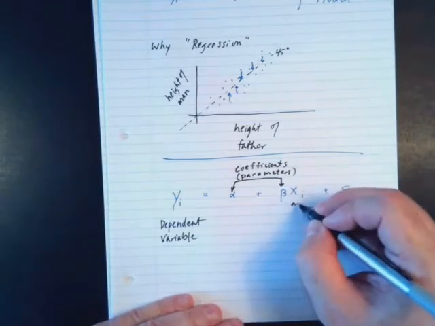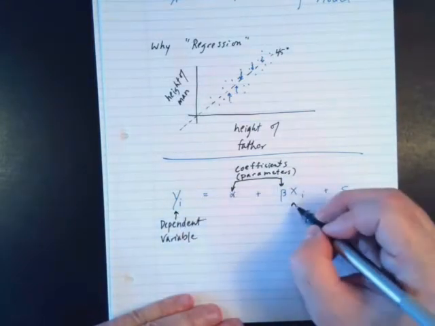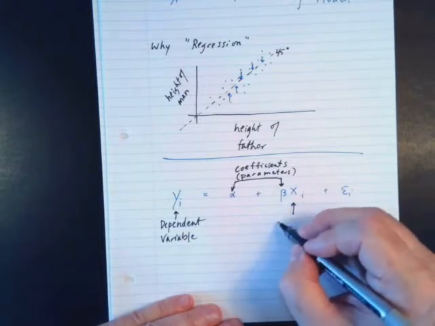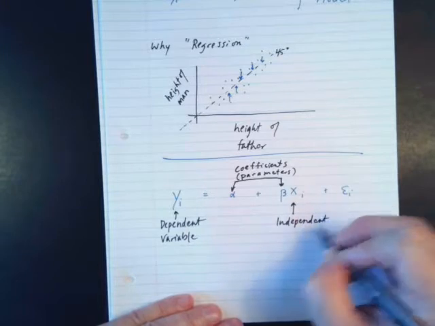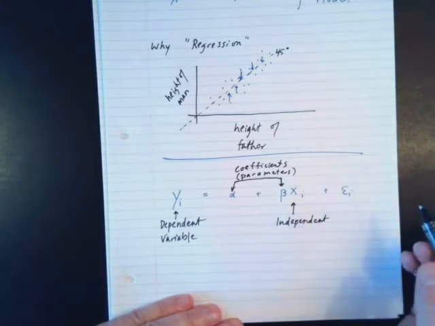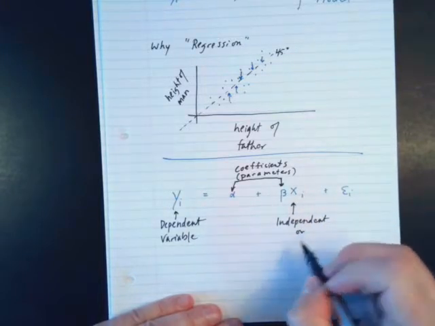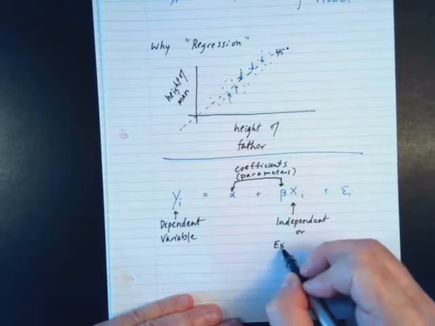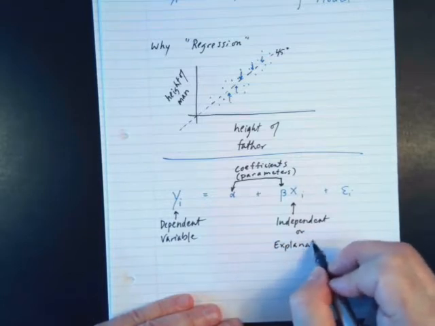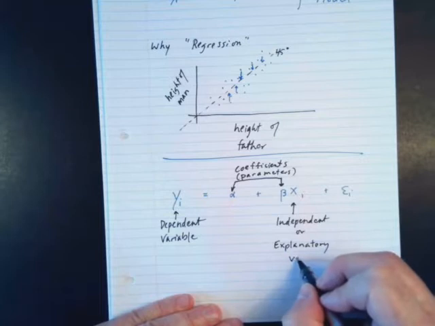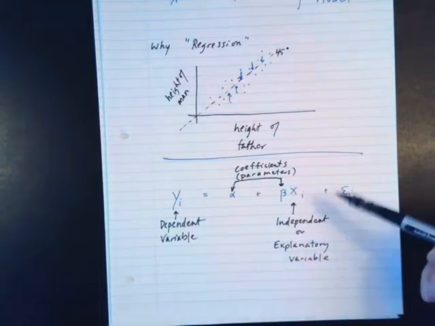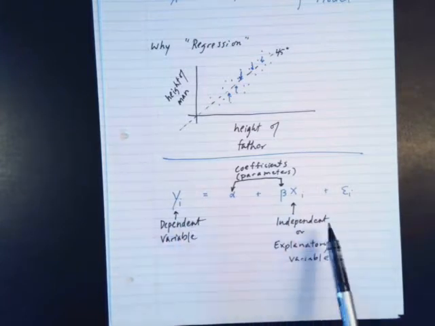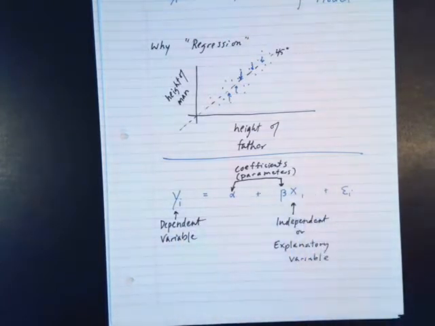So that's the dependent variable. X here is the independent variable. So it's an independent variable, but we will also call it the explanatory variable. Okay. It's independent in the sense that it came from outside the model.